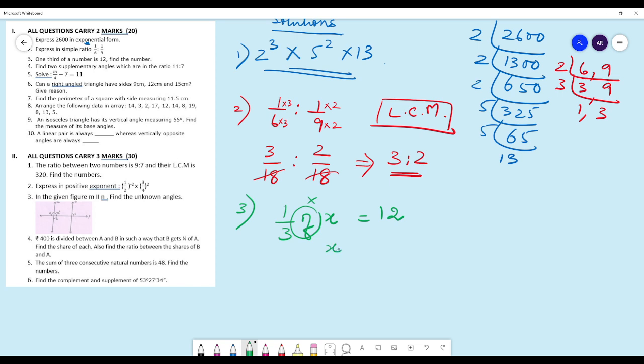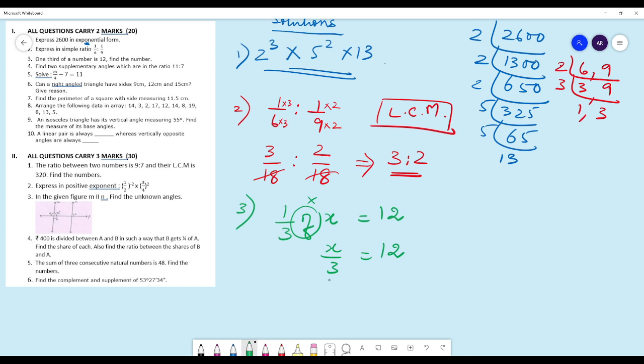So this becomes x by 3 equals 12, or 1 by 3 into x, we can write it as 1 into x is x and the denominator remains as 3. Now, if you remember the linear equations pattern, whenever you are transposing the numbers or the literals or the variables from one side to another side, the sign changes, it becomes the opposite.